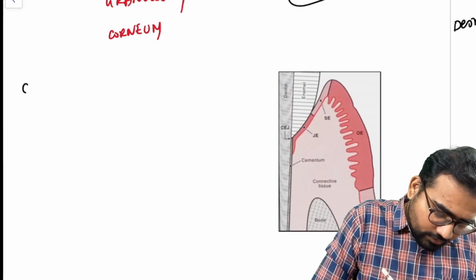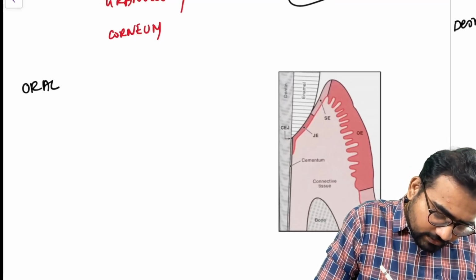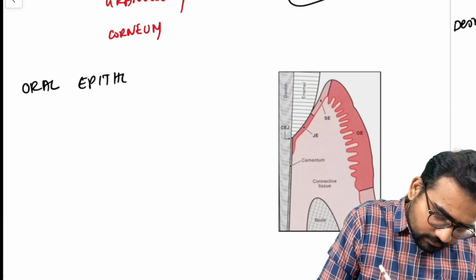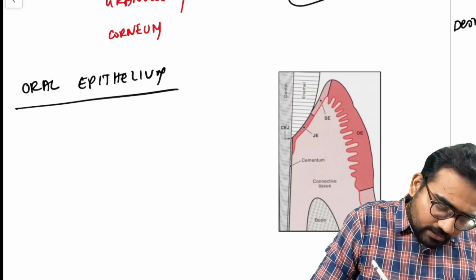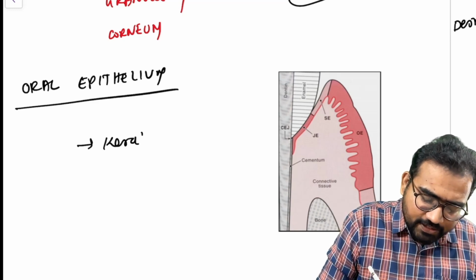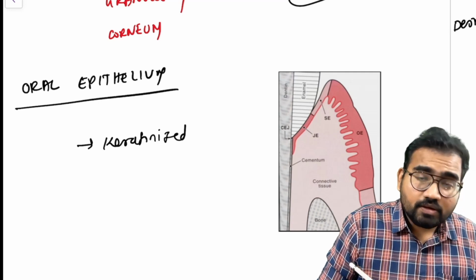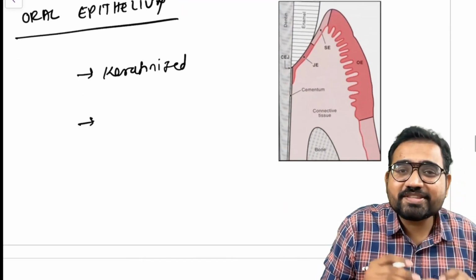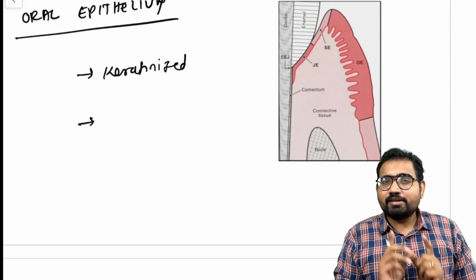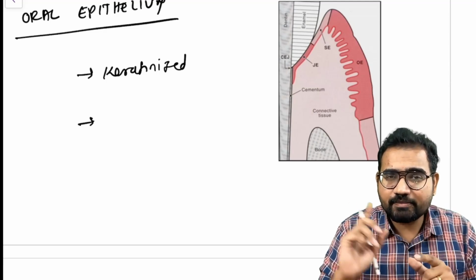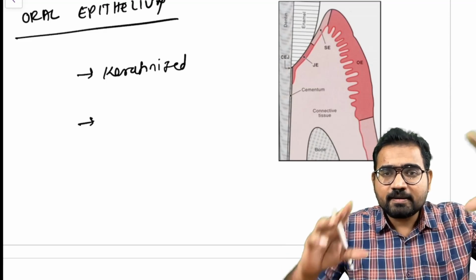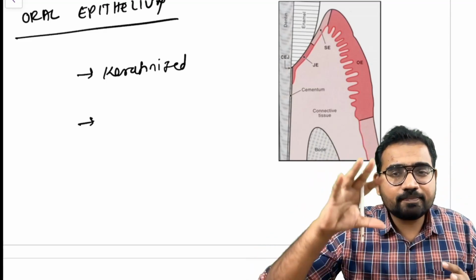Now the first one you are going to see is the oral epithelium. Oral epithelium is keratinized stratified squamous epithelium. It will have a few cytokeratins. Now you should be very familiar: cytokeratins are proteins which make up the cytoskeleton, and the cytoskeleton plus the cytokeratins form the keratinocyte.